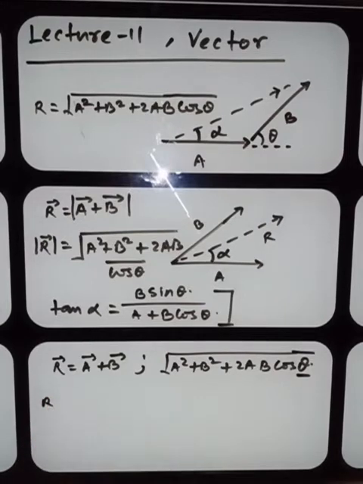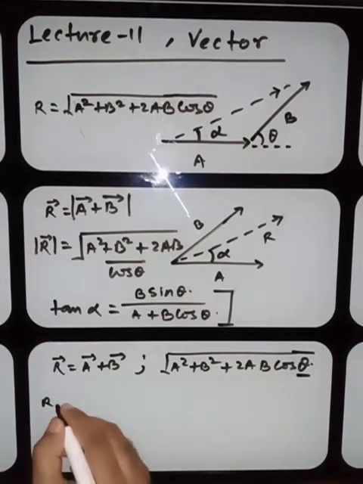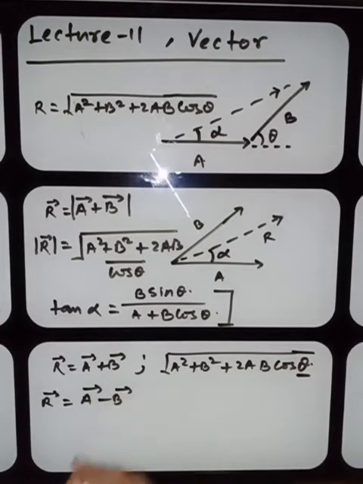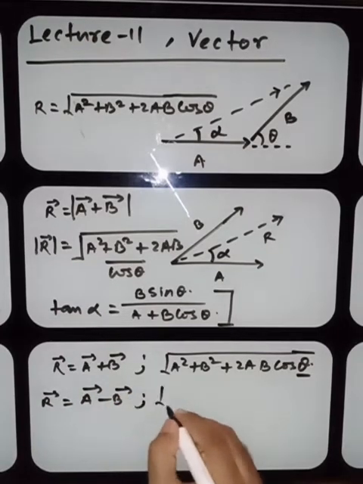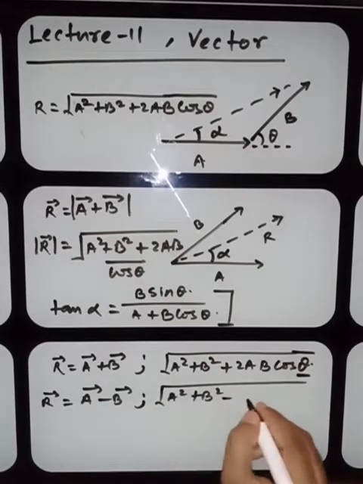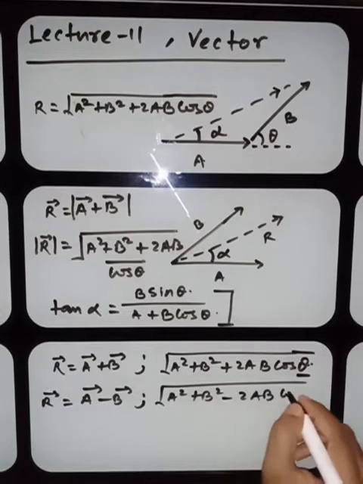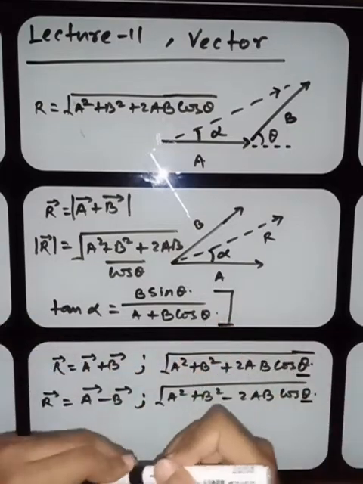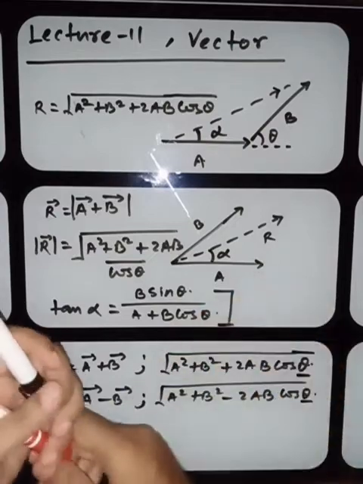But if the resultant is A minus B, then what will happen? The resultant will be the square root of A square plus B square minus 2AB cos theta. Again, theta is the angle between vector A and vector B. Remember, don't confuse. I am repeating again and again.